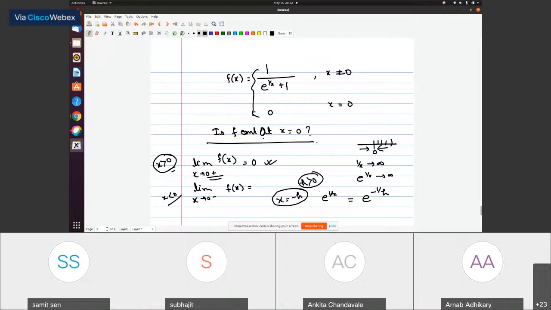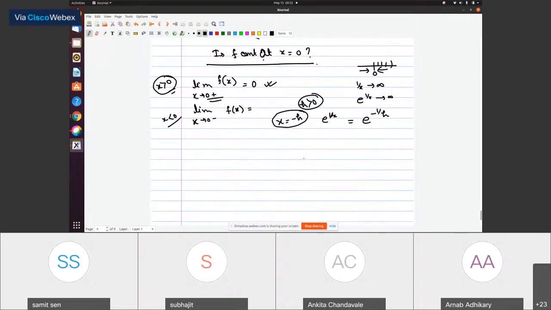So I can convert this limit x tends to 0 minus f(x) into limit h tending to 0 plus f(x) with x equal to minus h, right? These two are the same. So I am saying limit h tends to 0 plus f of minus h is 1 by e power minus 1 by h plus 1, right?